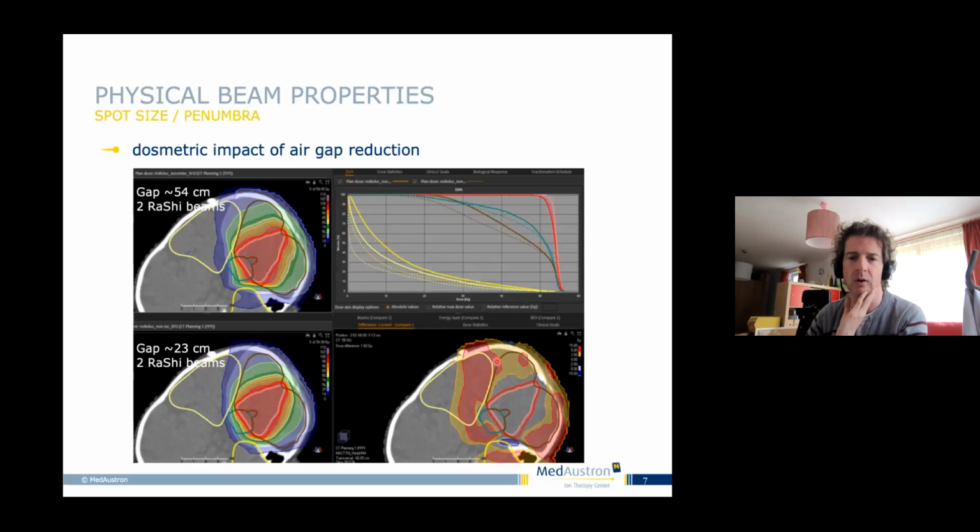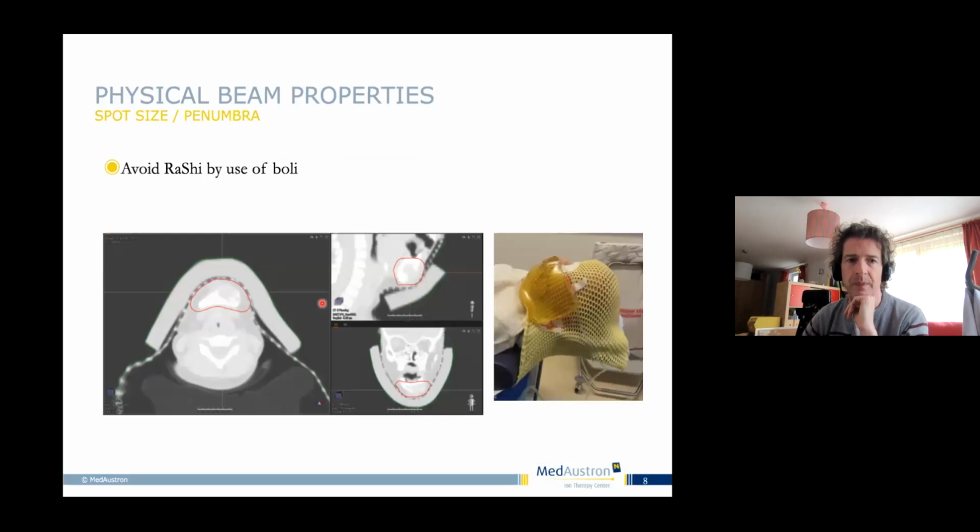And you can see all around the tumor, which is situated here, you would have a higher dose contribution for the isocentric setup. Another way to further reduce spot size is using a bolus, so not having the range shifter in the nozzle used, but a range shifter attached to the patient, which sometimes is feasible.